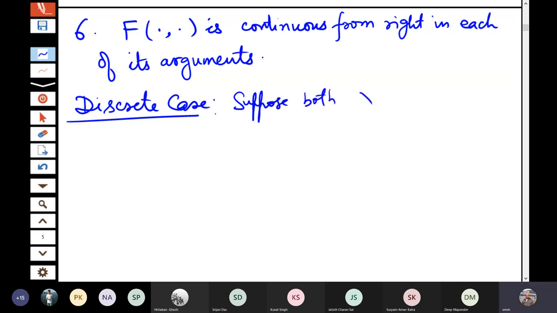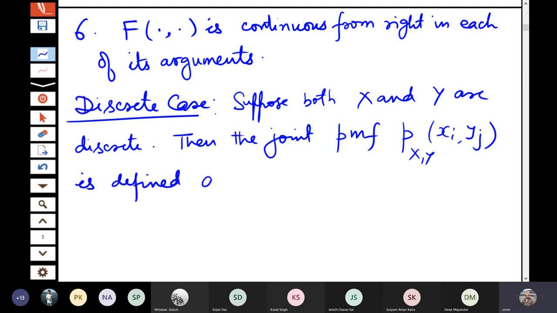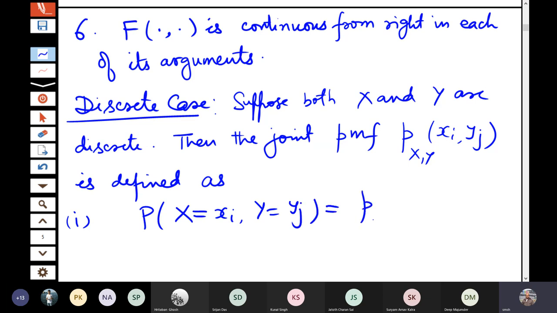Suppose both x and y are discrete. Then we have the joint probability mass function: the probability that x is equal to xi and y is equal to yj, that is pxy(xi, yj).